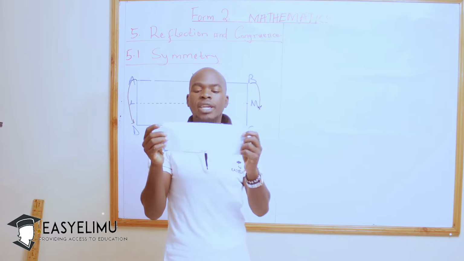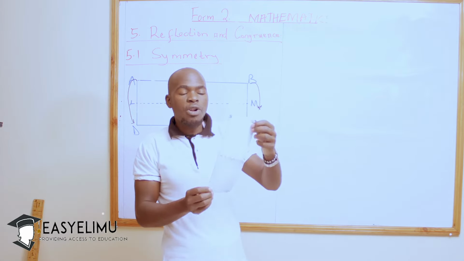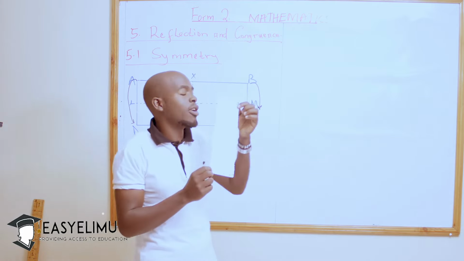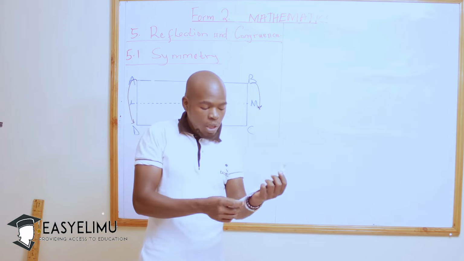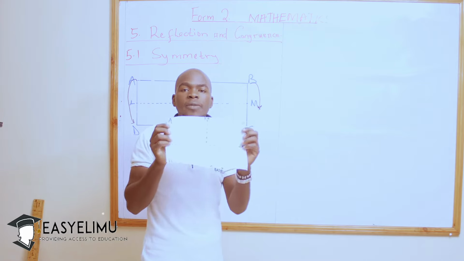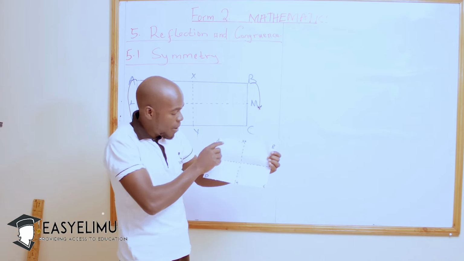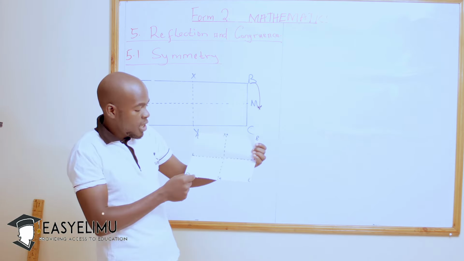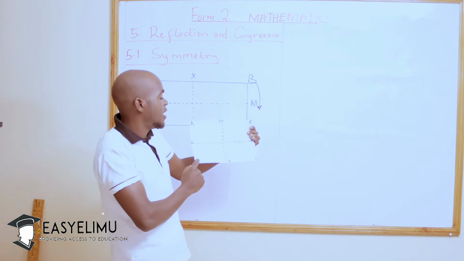If I fold, I will have one rectangle, as you can see. This is a full one rectangle when folded along that line, meaning it fits and it has divided the rectangle into two equal parts. The same if I reopen it and do the vice versa, whereby I fold along the line XY, where X is on my top, the midpoint of AB, and Y is the midpoint of side DC.